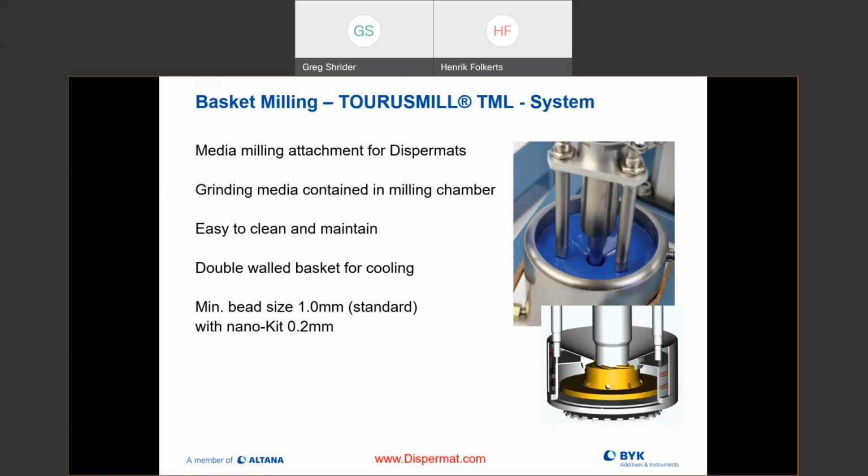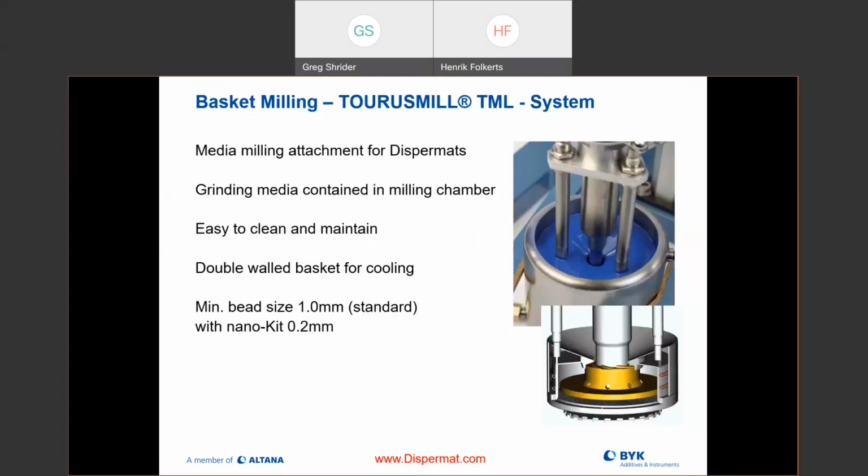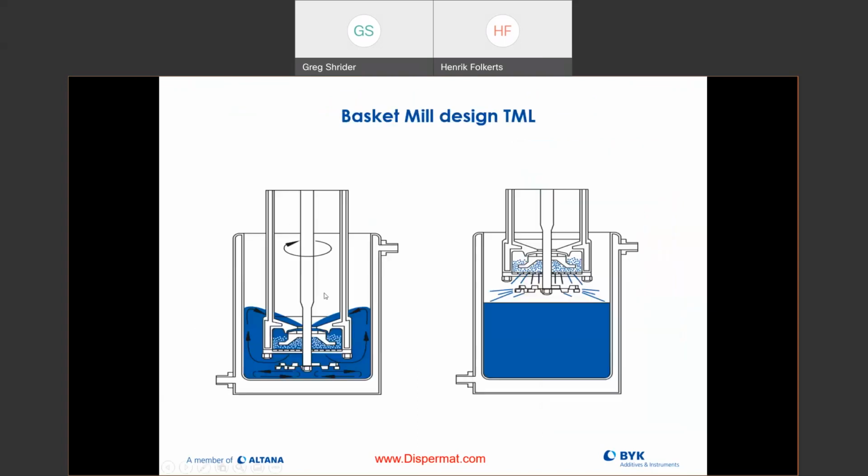That Cowles blade has a purpose of doing two things. Number one, to suck my mill base out of my basket through the screen on the bottom, and then outside of my basket mill, and push it back around. This is a really good slide where you can see it.